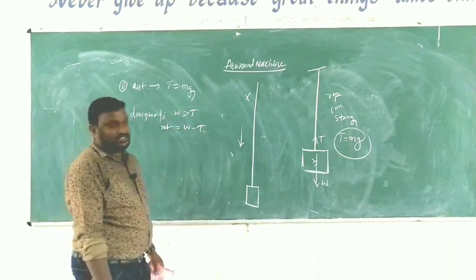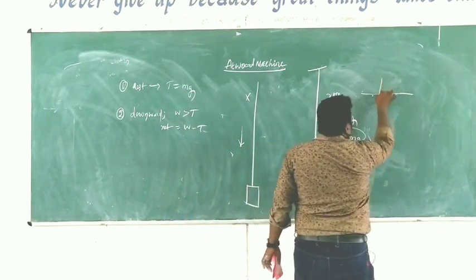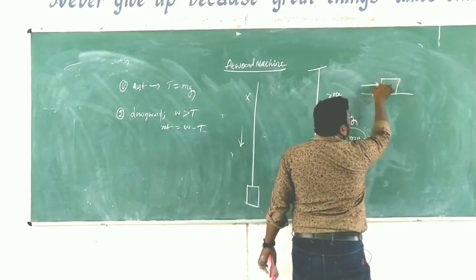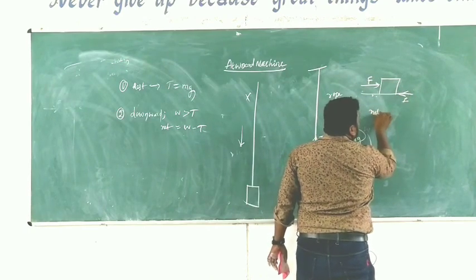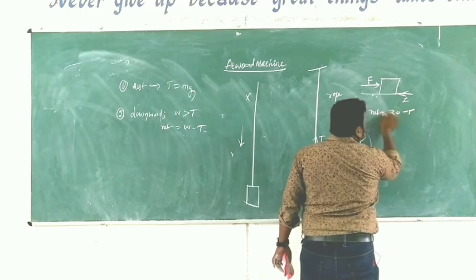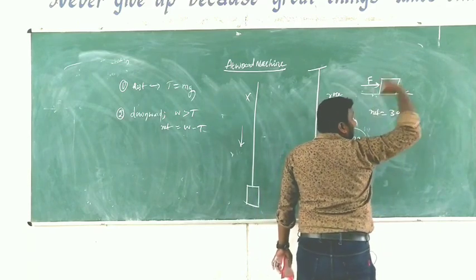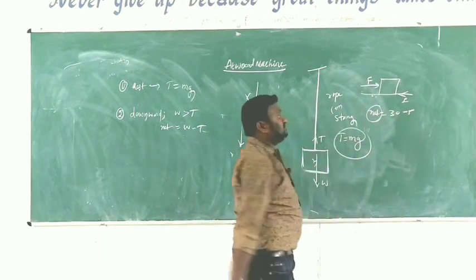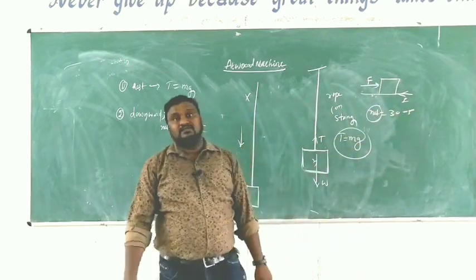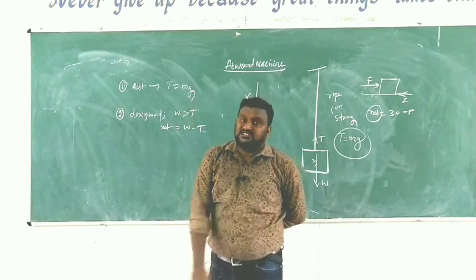In the previous example, what did I tell you? Even though we applied some force capital F and there is small f, the net force I wrote was 30 minus 5. That means the body is moving in the applied force direction, that's why the net force is also in the same direction.